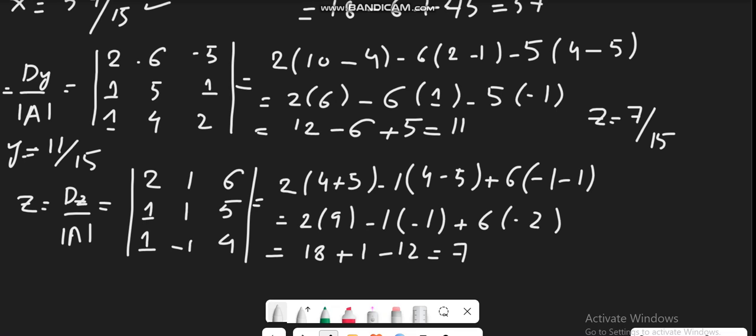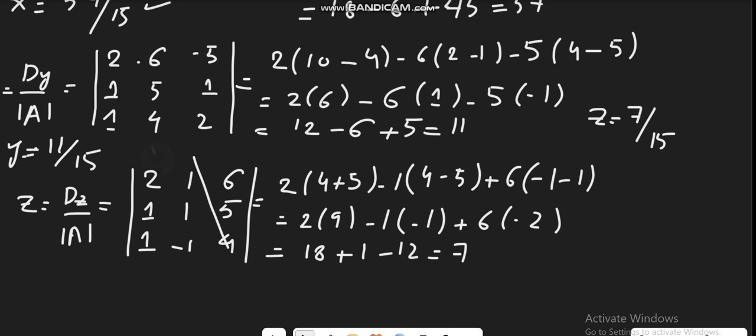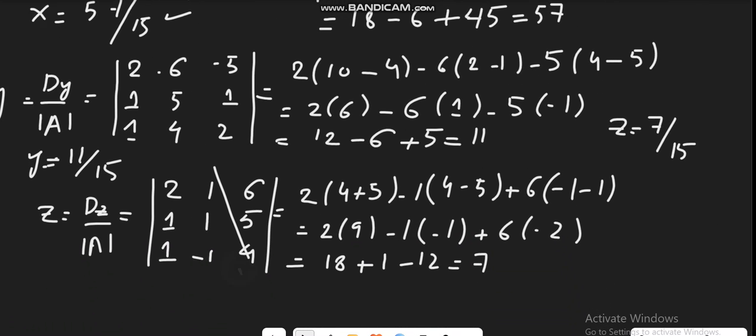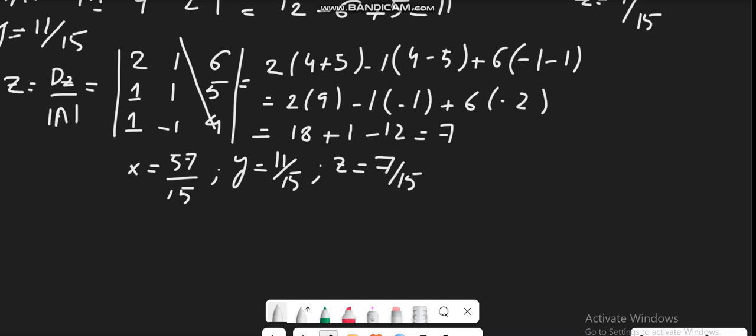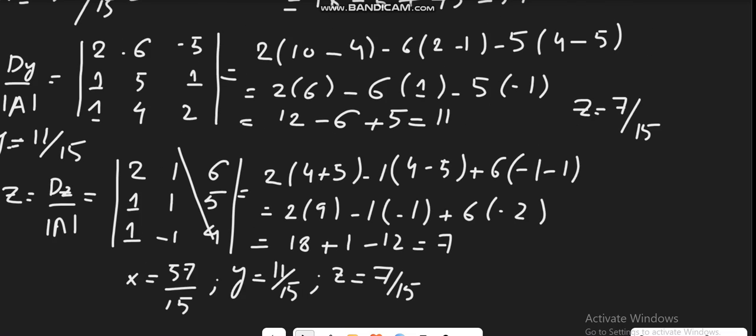Now let's verify the solution values that we have determined. x was equal to 57 over 15, while y was equal to 11 over 15, and z is equal to 7 over 15. We will put these values in any of the equations of the system.